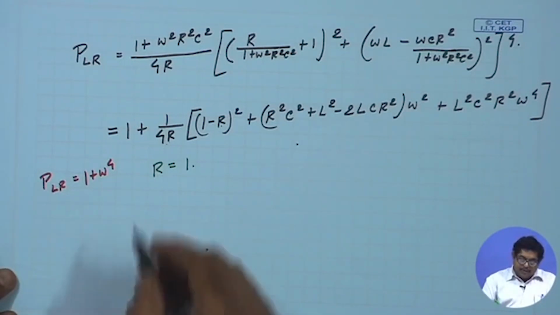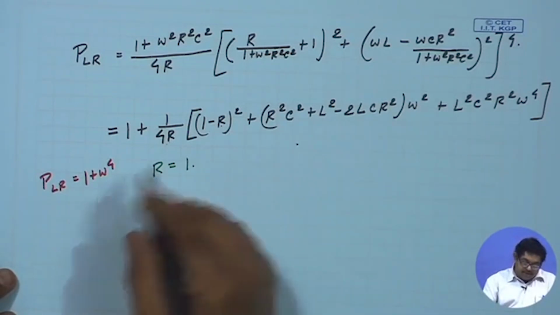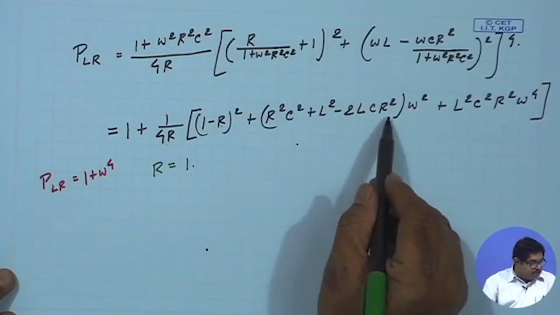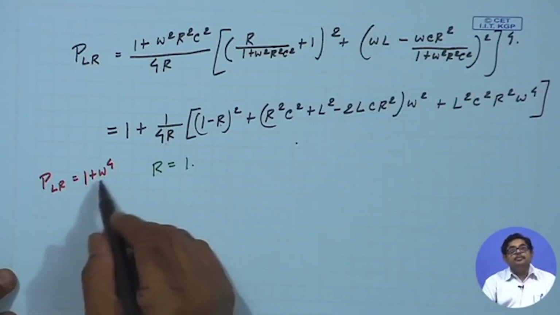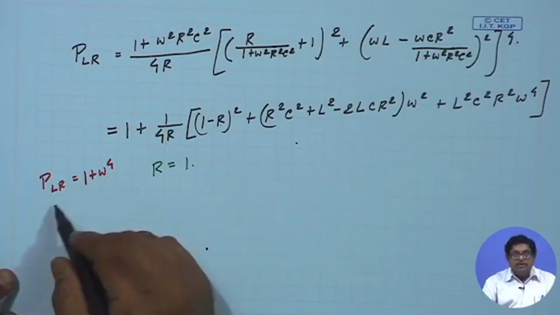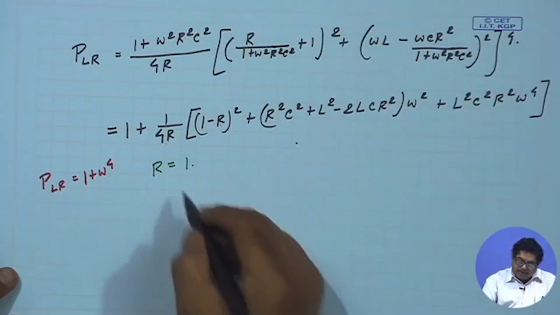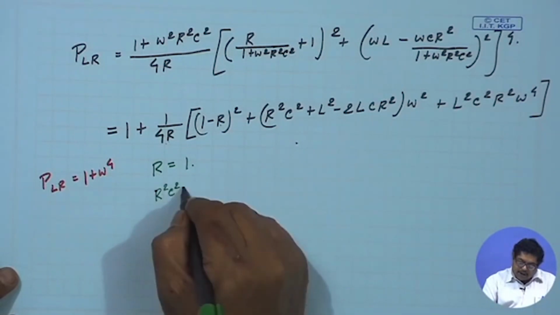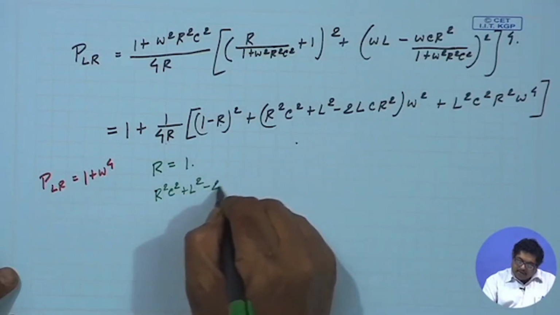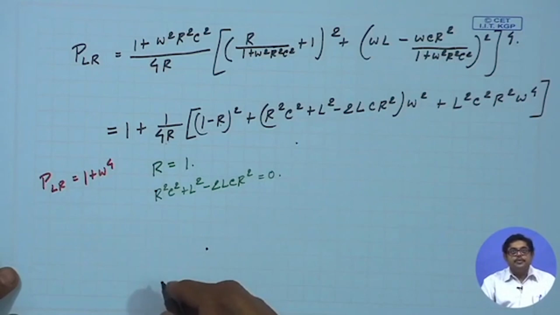Then if I compare omega square terms, this also will go to 0, because in our Butterworth expression we do not have an omega square term. So I should get r square c square plus L square minus 2 L C r square equal to 0.